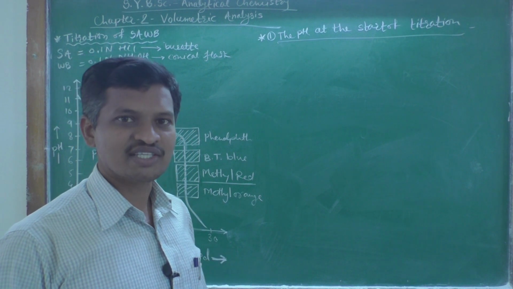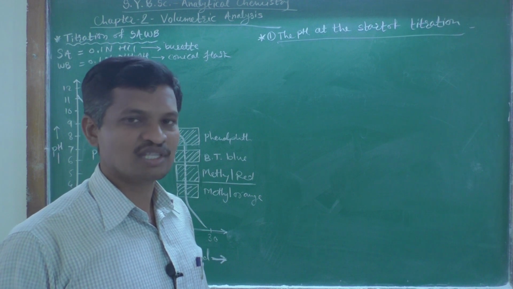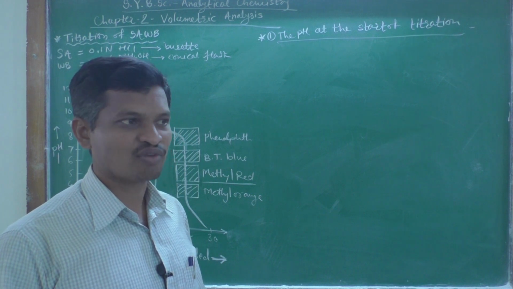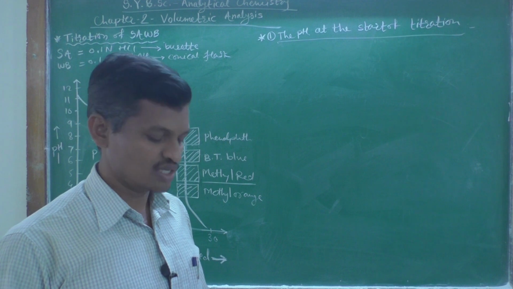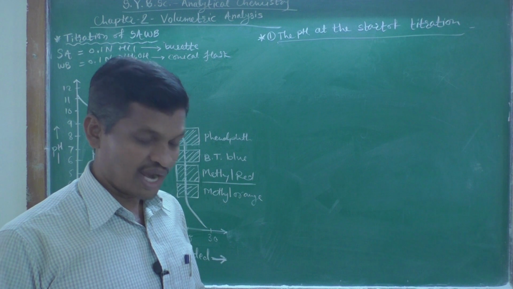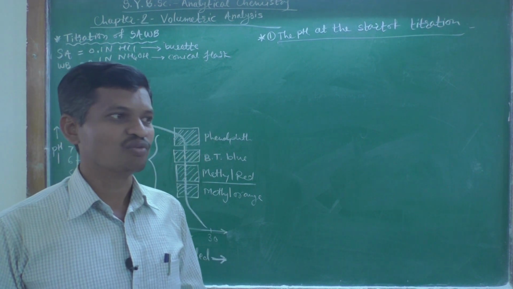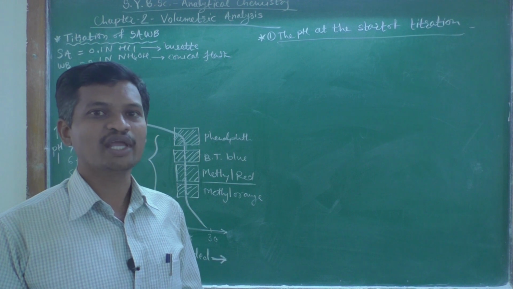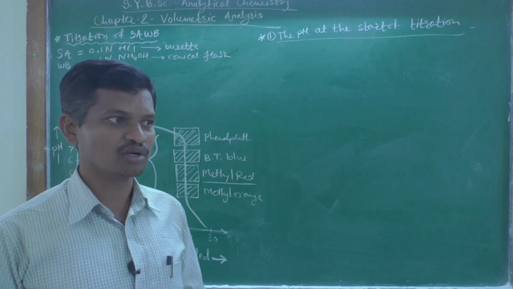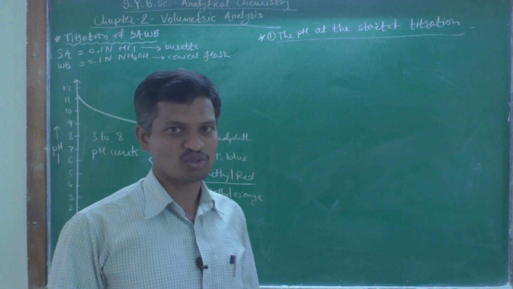These are: at the start of the titration, what is the pH; after adding some amount of titrant from the burette, here we have taken 10 ml of titrant added, what will be the pH; at the equivalence point, what will be the pH of the solution; and after the equivalence point, when you add 1 or 2 ml extra titrant to the conical flask, what will be the pH of the solution.